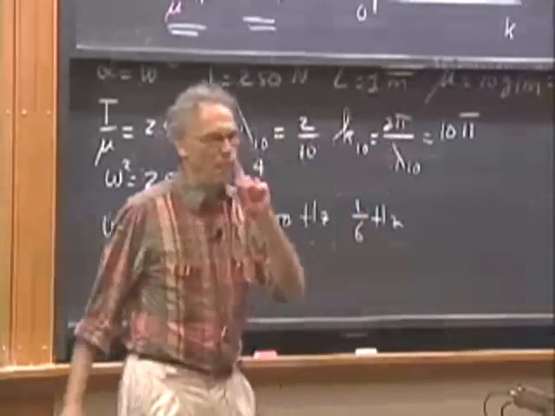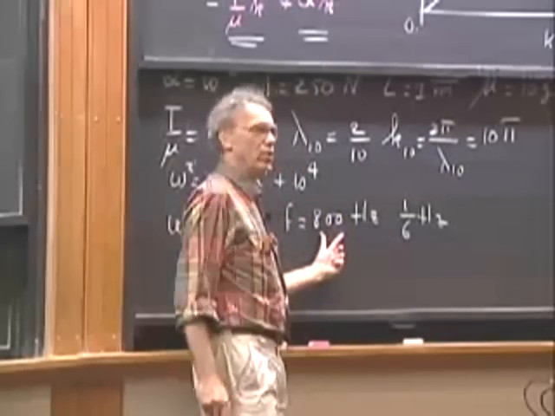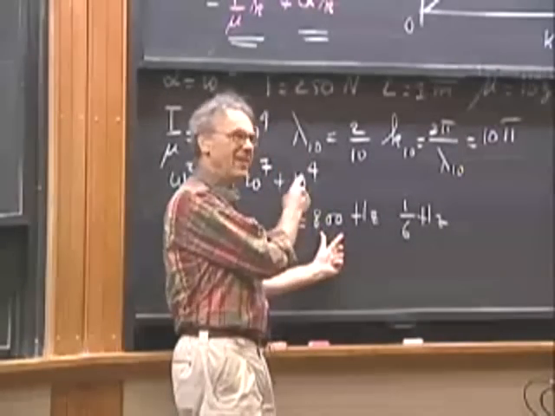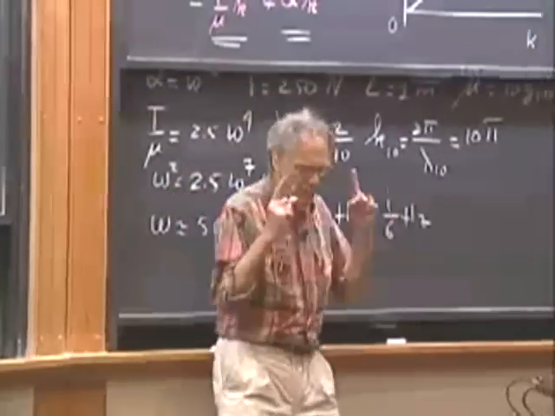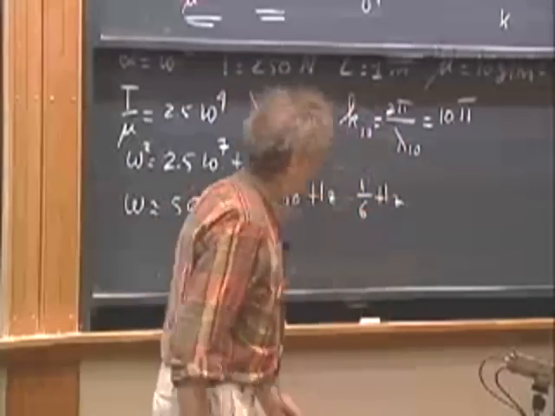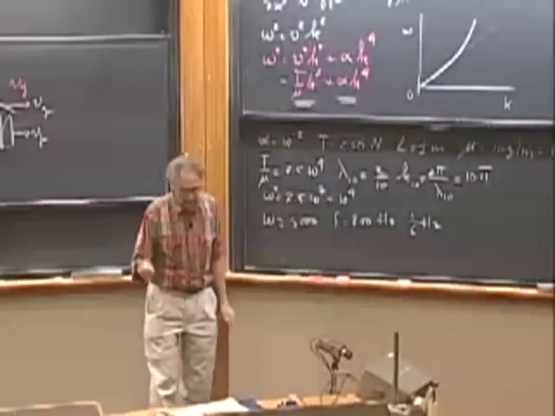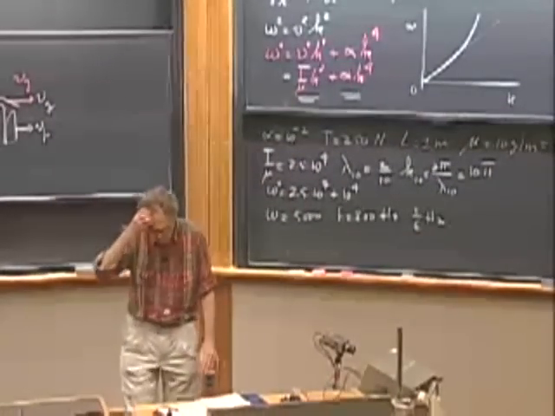So at the 10th harmonic, if you expected exactly 800 hertz, this is of course not exact, but I take a round number, then it would be 1/6 of a hertz higher because of the dispersion relation. But if you make alpha 10 to the minus 1, which is by no means impossible, then it would go up by 1.6 hertz.